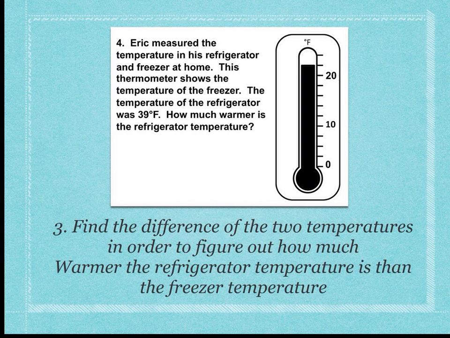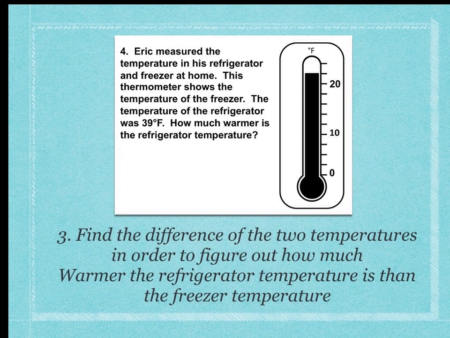The very last thing I'm going to do is figure out the difference between the two temperatures so that I know how much warmer the refrigerator temperature is than the freezer temperature. So if I take my 39 degrees, and I subtract 22 degrees from my 39, if I take the temperature of the refrigerator minus the temperature of the freezer, I'm going to get the difference of the two.